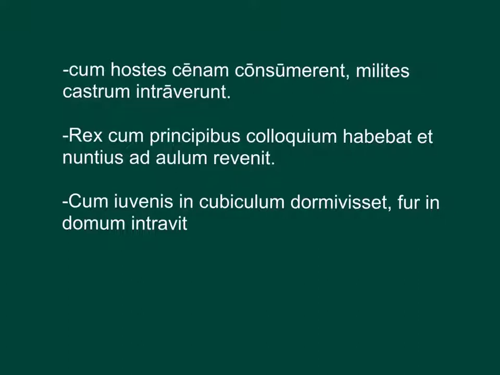Alright, pretty easy. Let's look at the last sentence. Cum juvenes in cubiculum dormivisset, fur in domum intravit. So we have a cum. We have something that could be an ablative. It has an is ending, but we'll remember this is the third declension noun, so it's not ablative, it's nominative.